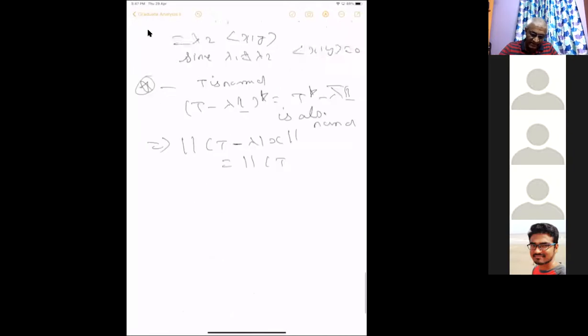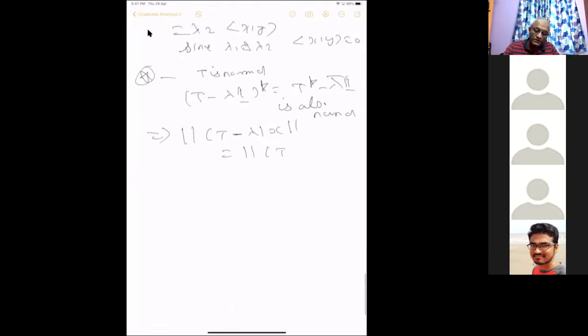We proved it in the top. So this is equal to T star minus lambda bar x. So this implies if that is 0, this has to be 0. So this implies if Tx equal to lambda x, then T star x is equal to lambda bar x.